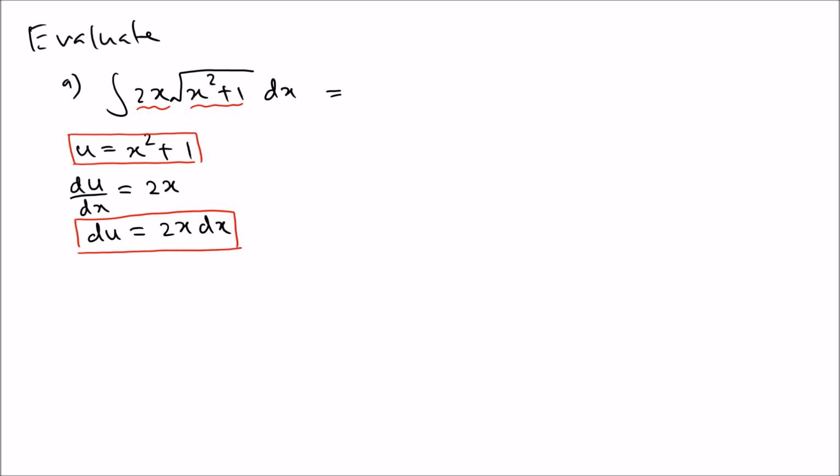Now x squared plus 1 is u, so the square root becomes u to the 1/2. And then you can see that we have 2x dx. You combine these two, 2x dx is simply equal to du, so you can replace 2x dx by du. Now it is a new variable, u, and you integrate with respect to that variable.